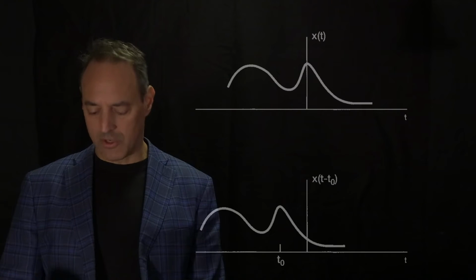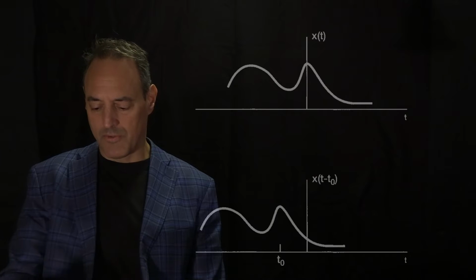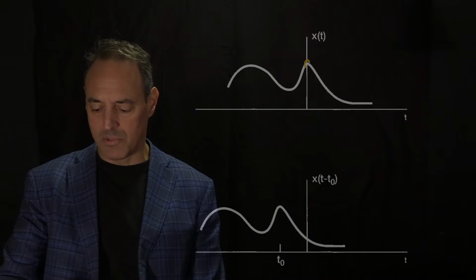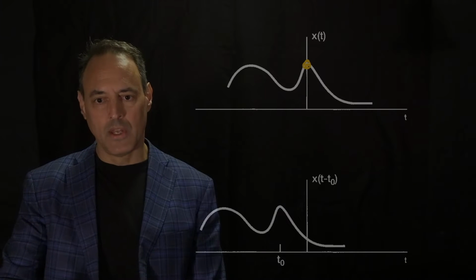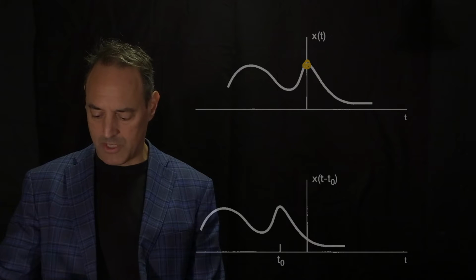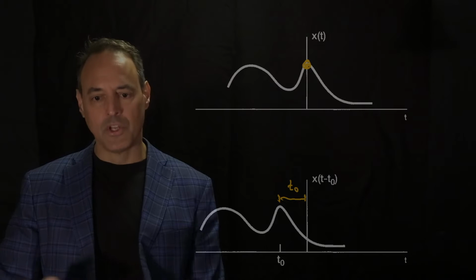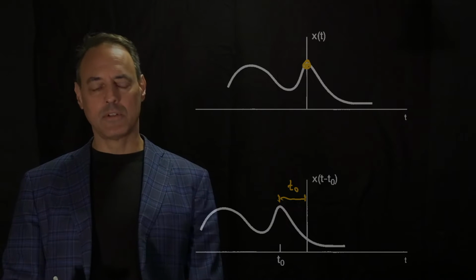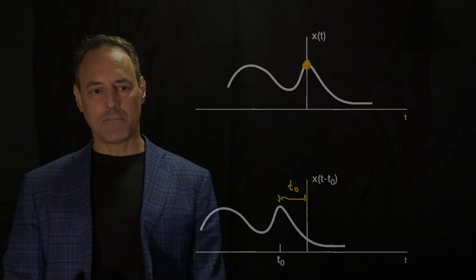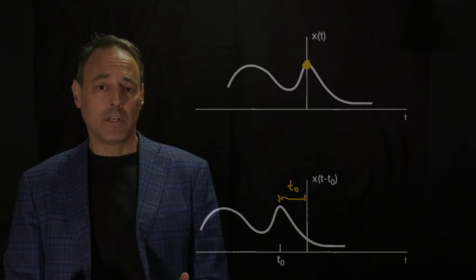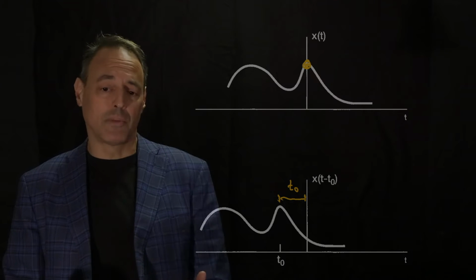Same thing with a continuous signal. We can shift this, and you can see here's this peak that we're looking at. If we shift it over by some t naught, then that's the t naught right there. So we can prescribe time shifts very simply by taking that signal and shifting its origin of time. That's ultimately all this does.